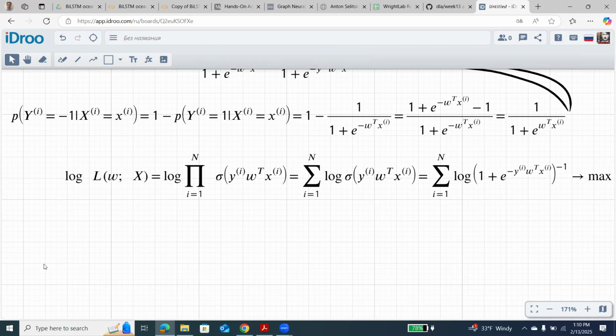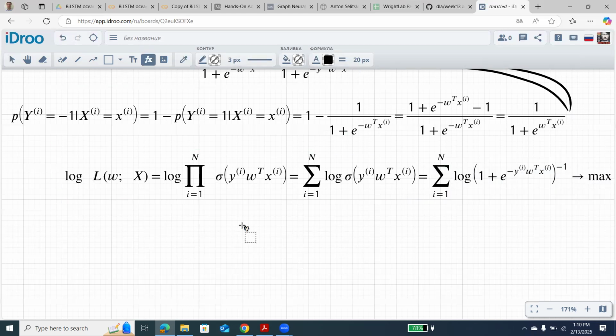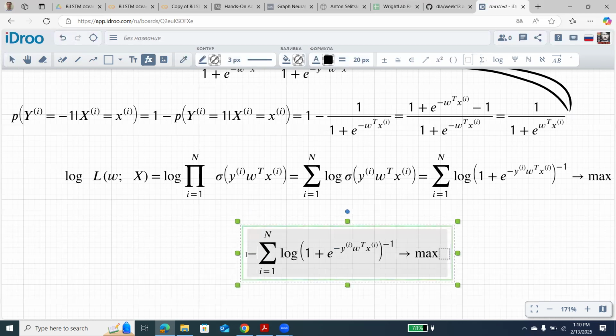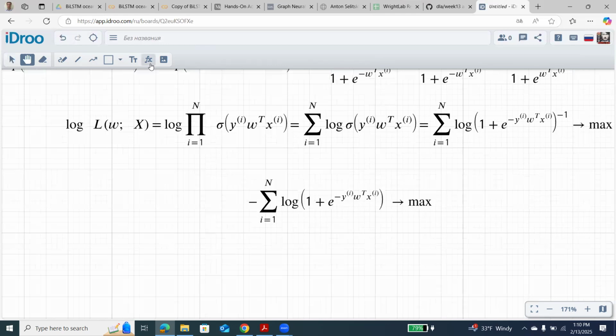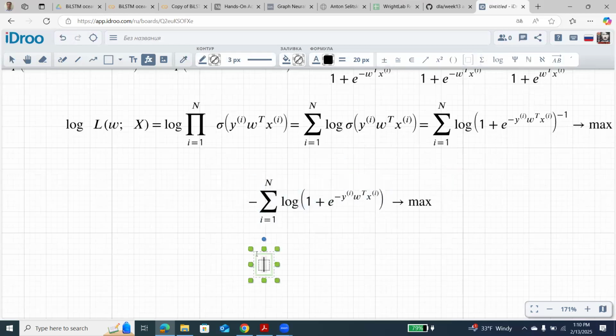So how to get this loss function that you see in problem 2? From this expression, we will get negative, and cross entropy loss is 1 over n and positive.